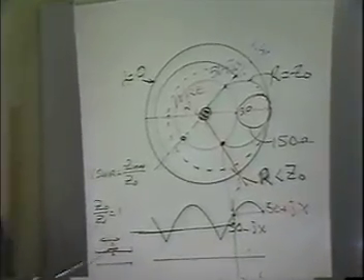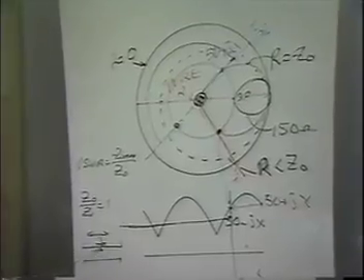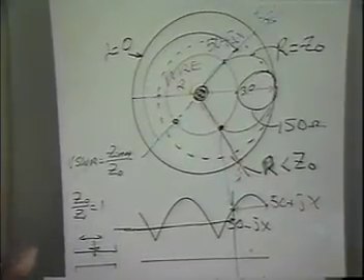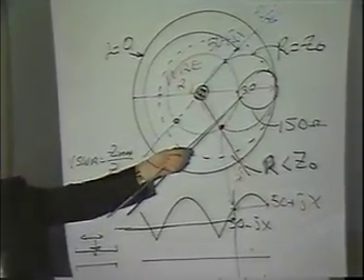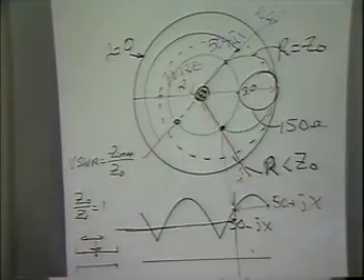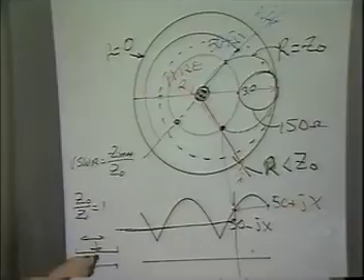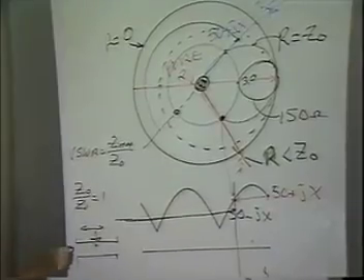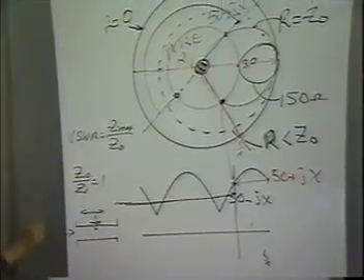So what actually happens inside a structure like this? You have a probe. What's the mismatch here? 3 to 1. Right? If I put this probe in here, move it along the line, and I look in here with a slotted line. In other words, I have another probe in here.